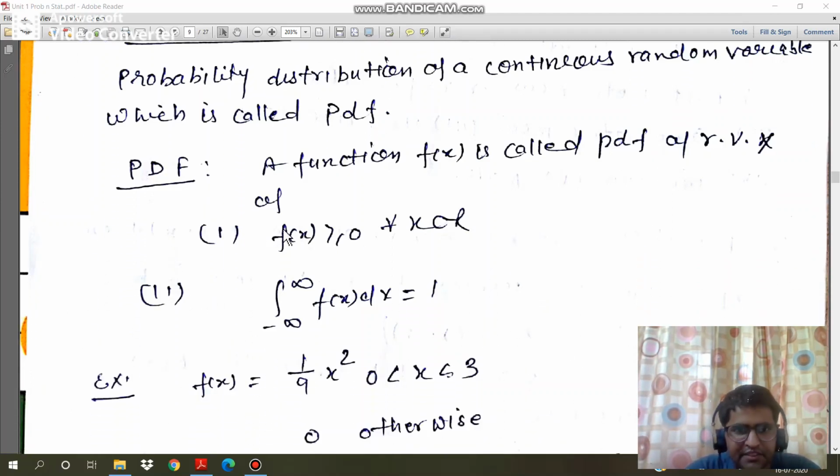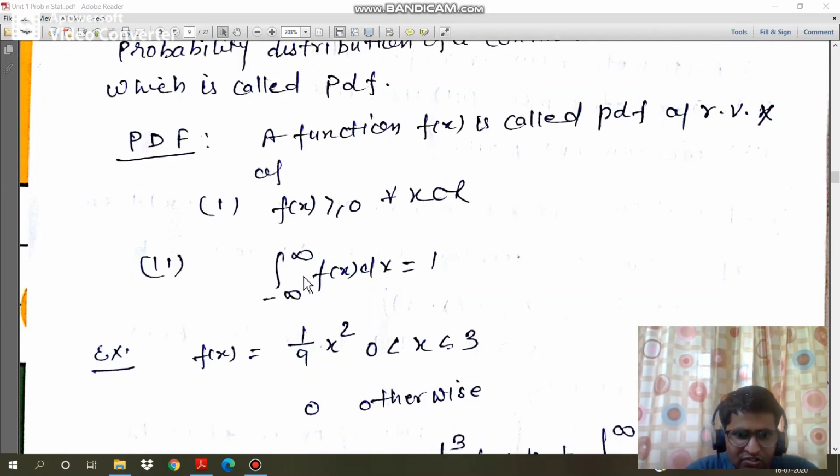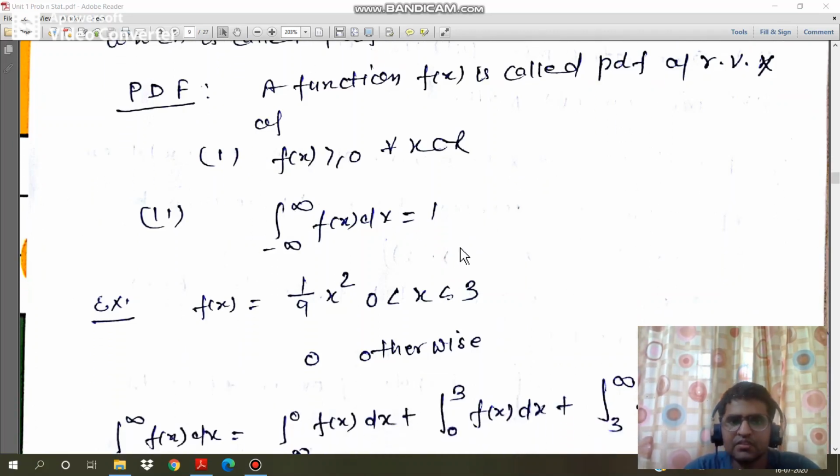For example, a function f(x) is called a PDF, probability density function, of a random variable X if f(x) ≥ 0 and the integral from minus infinity to plus infinity of f(x) dx is equal to 1. Means the total probability over minus infinity to infinity is always equal to 1. In case of discrete, the sum of probabilities is always equal to 1.